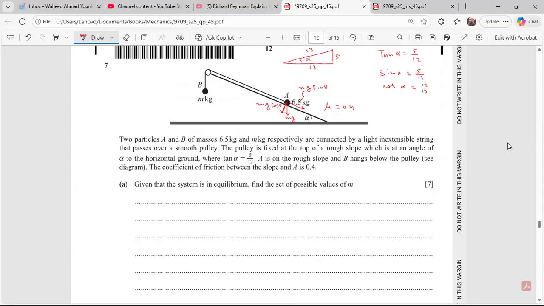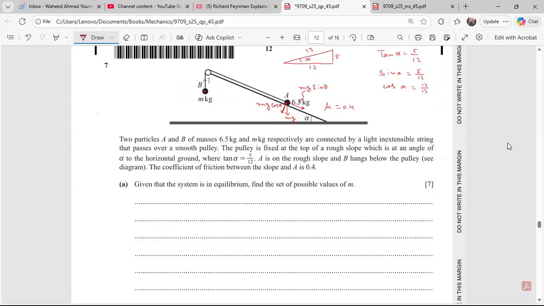Now I want to calculate the minimum weight which is required to keep it on the surface and not let it slide down. When it is about to slide down, the tension in this string is the same as this weight, mg.